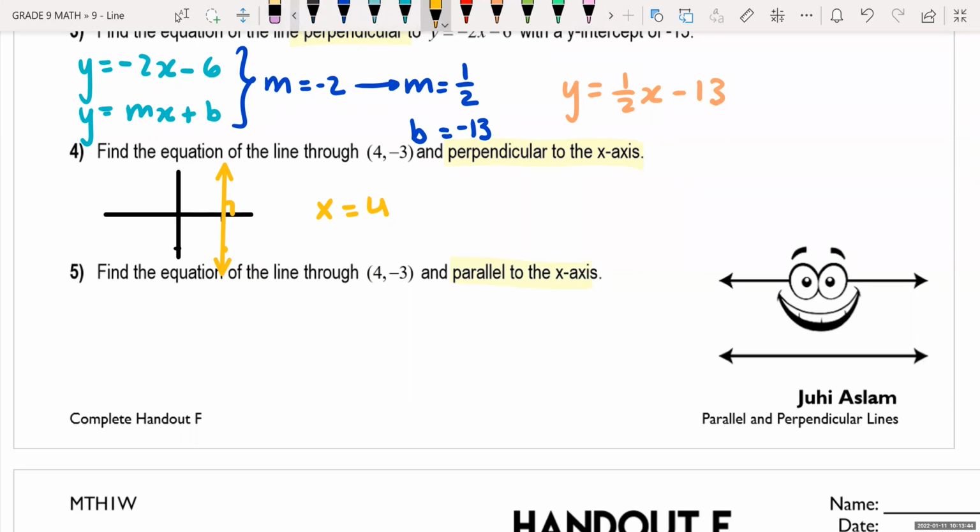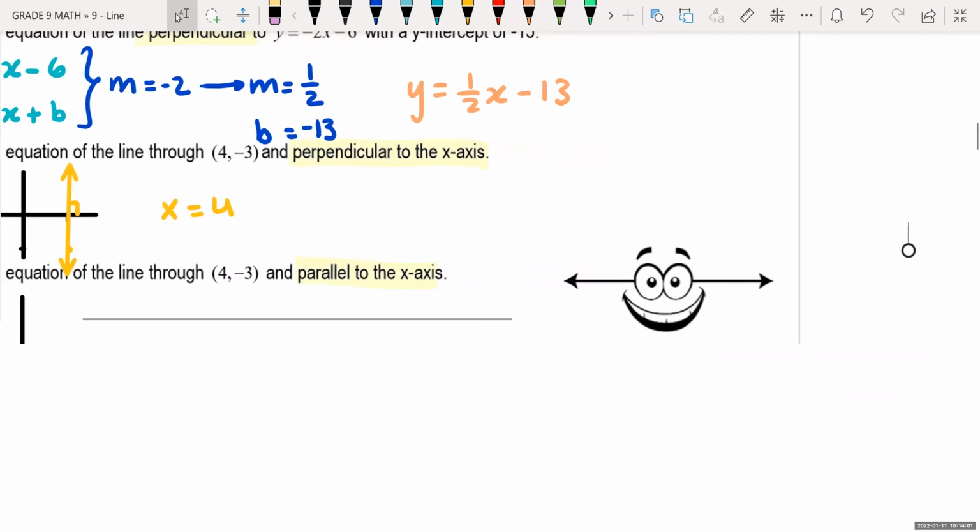So let's try it again. We're going to draw our coordinates. All right, 4 comma negative 3 is actually the same point as before.